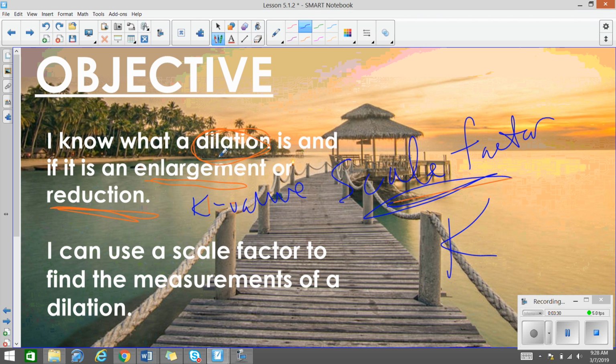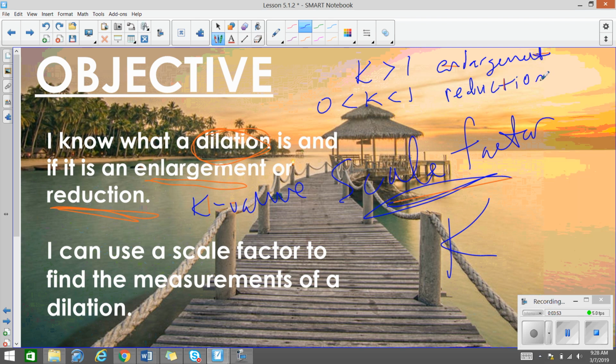Because yesterday in our notes we learned that if you have a K value greater than 1, it's an enlargement, which means it's gotten bigger. If you get a K value that's less than 1 but greater than 0, so really like a decimal, that's a reduction. And if you have a K value equal to 1, it's congruent, because your K value is what you're multiplying by to get to your new figure.